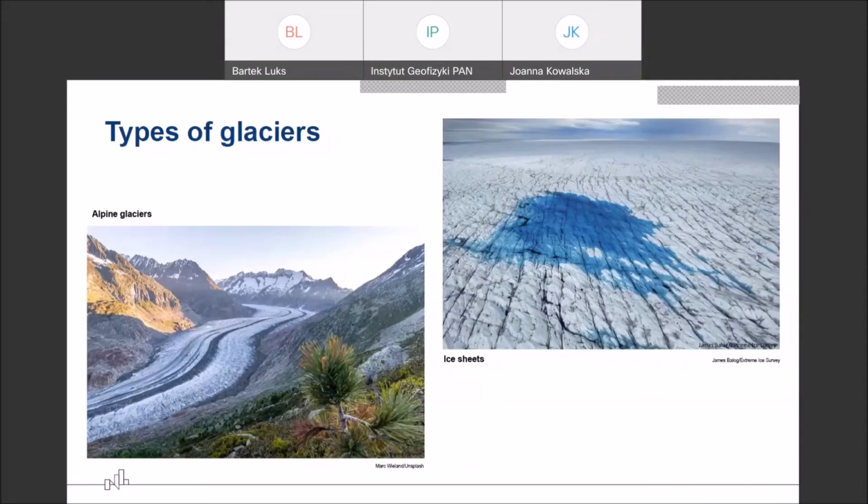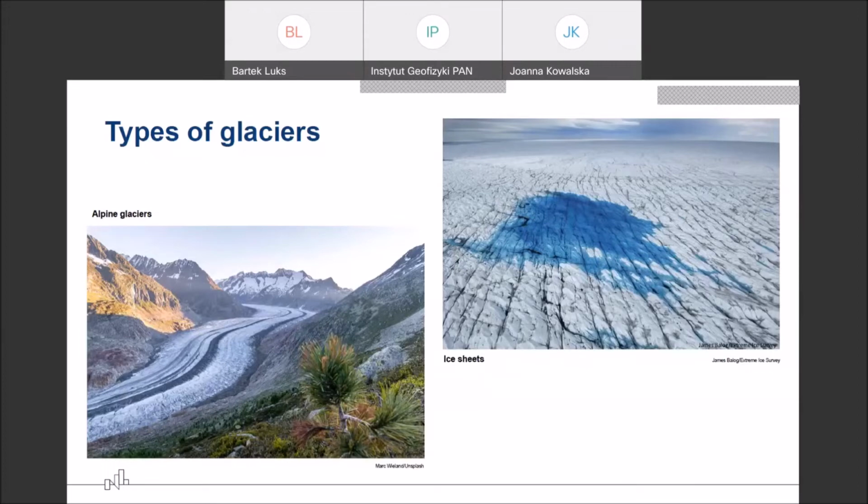As I said, there are different types of glaciers, but we can divide them into two basic types. One of them is the previously mentioned alpine glaciers, rivers of ice. Here on the left side, you can see one of such glaciers in the Alps.